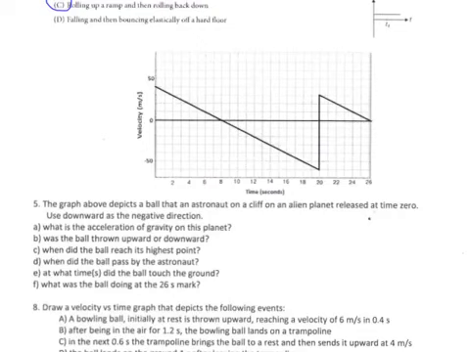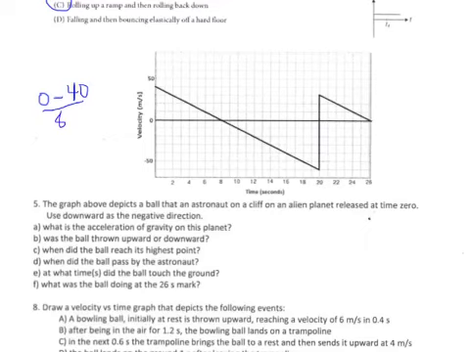Alright. So what is the acceleration of gravity on this planet? Well, we notice the rate at which this changes. Now, I'm just going to do it this simple way. I'm going to measure it from here to here. So what I see here is this is 40 and this is 0, and the amount of time is 8 seconds. So I'm going to say the final velocity minus the initial velocity, which is 40, divided by the time, which is 8 seconds.